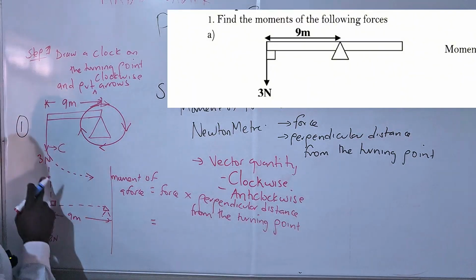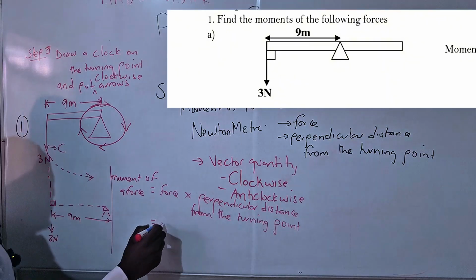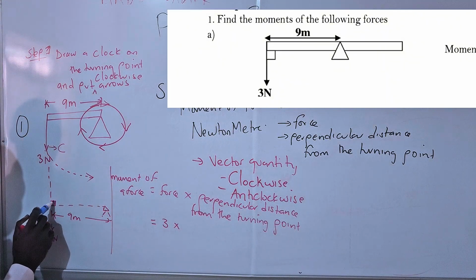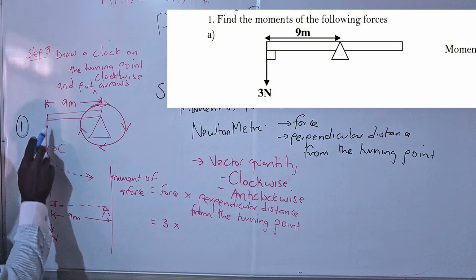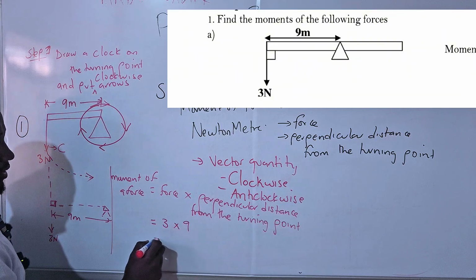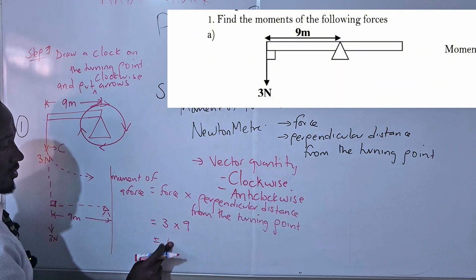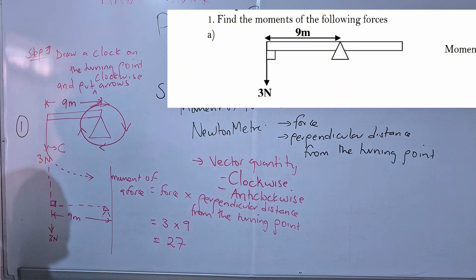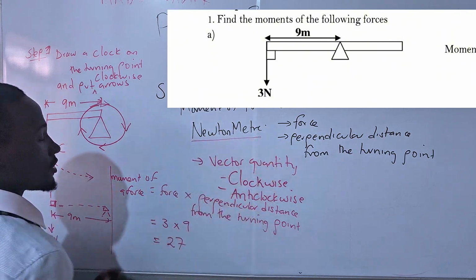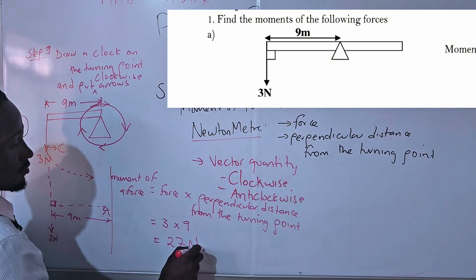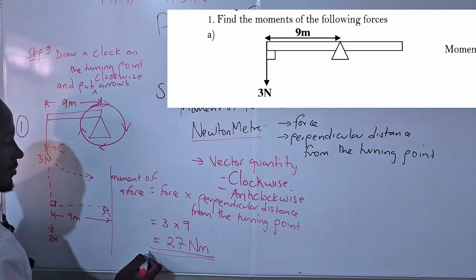So the force is a weight, it is acting downwards. The distance we are having, which is perpendicular, which is meeting it at 90 degrees, is this distance here, which is given as 9. This gives us 27. The SI unit, we said it is a Newton meter. I put Newton, capital M, small m.